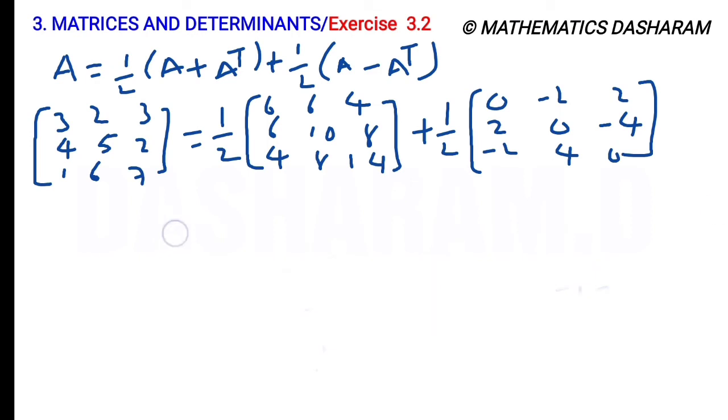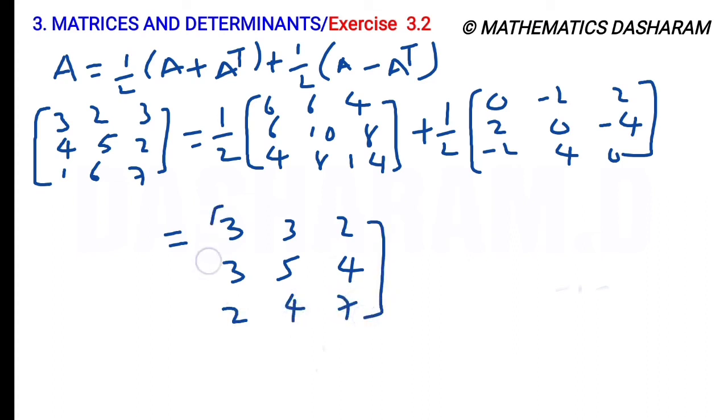So let's simplify now. 1 by 2 multiplied inside: 1 by 2 into 6 is 3, 3. 1 by 2 into 4 is 2. Here 3. 1 by 2 into 10 is 5. 1 by 2 into 8 is 4. Here 2, 4. 1 by 2 into 14 is 7.